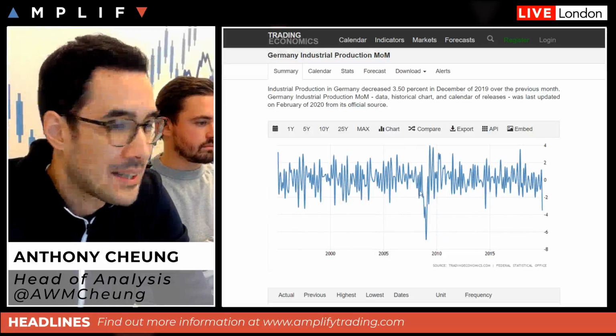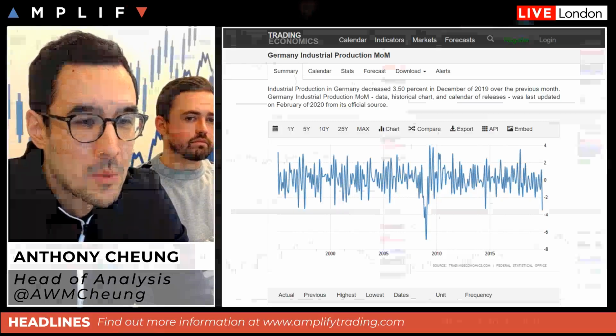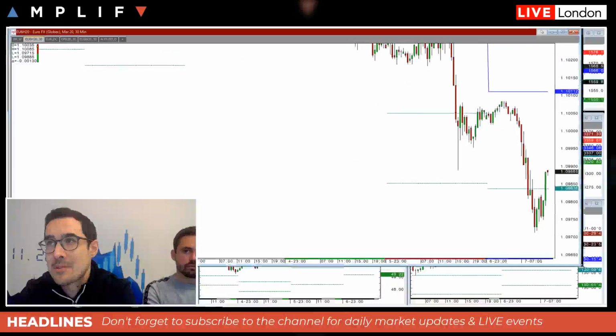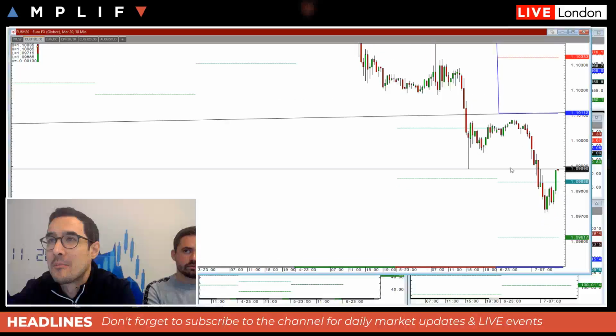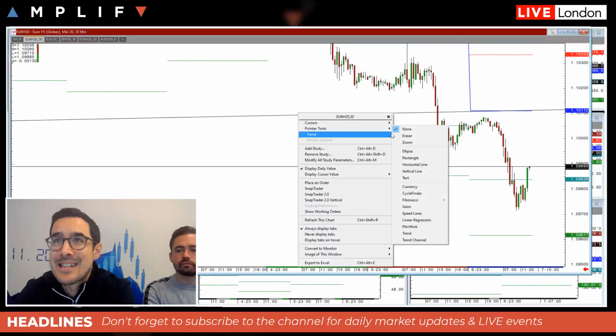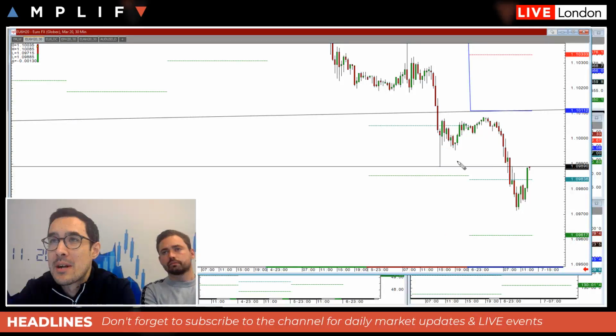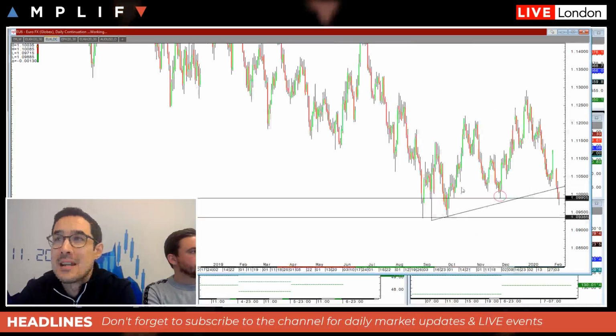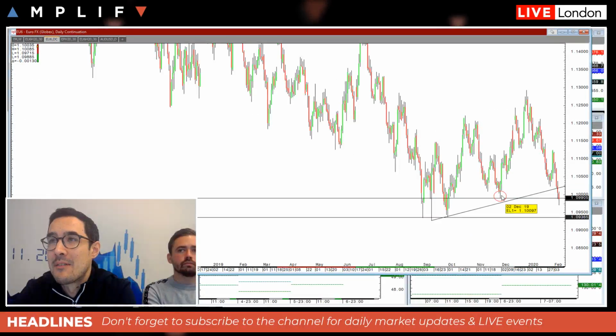Now, why am I pointing this out? I think it's quite important when we flip over to the charts and look at euro dollar. I know Sam's going to look at the euro in a lot more detail, but from a fundamental point of view, it was definitely acting as a nice catalyst for the break of the prior day's low here. On the daily chart, you also had the break of the level from the 29th of November.